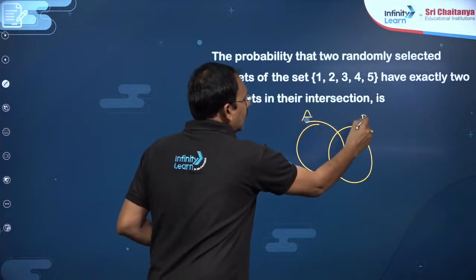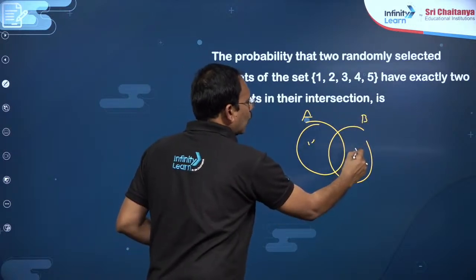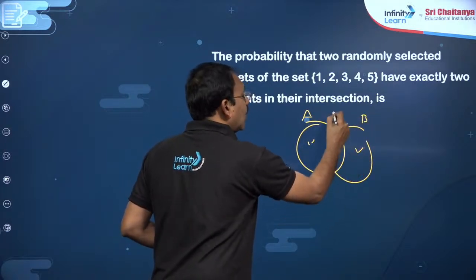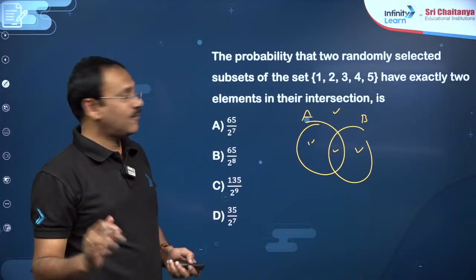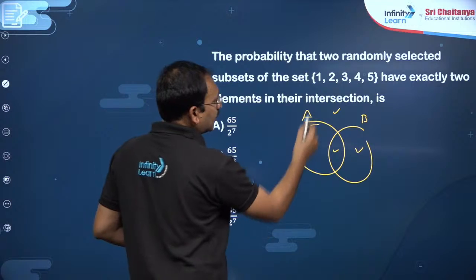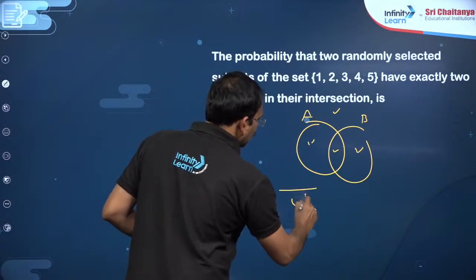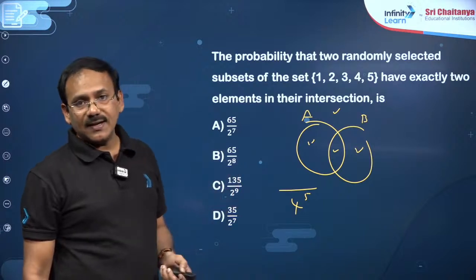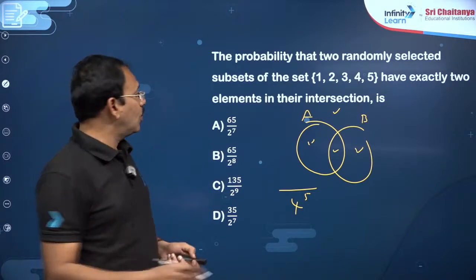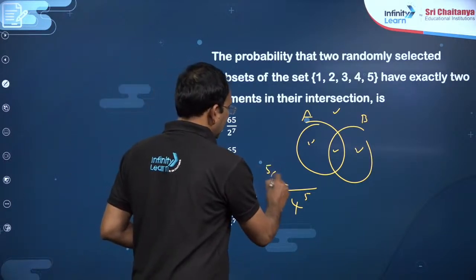Suppose A and B, it can be in only A or only B or the intersection or outside also. For every element there will be 4 possibilities, my dear friends. So you are going to get 4 power 5 total number of cases, but he wants exactly 2 elements in that intersection. Which 2 out of 5 do you select, my dear friends?